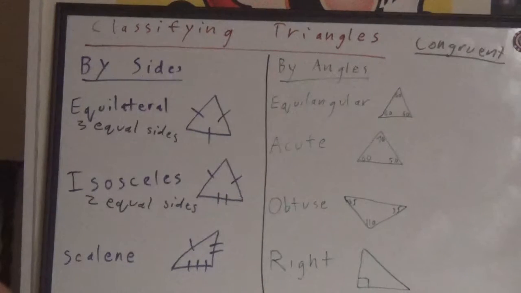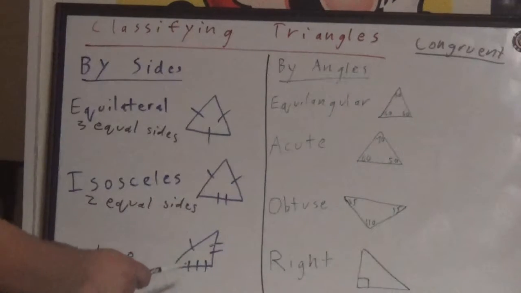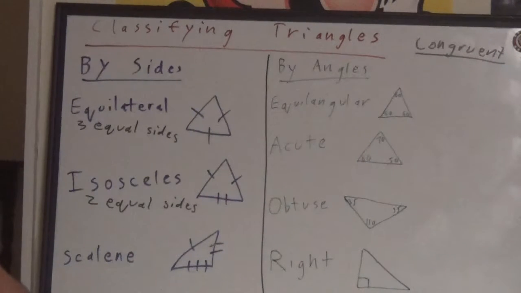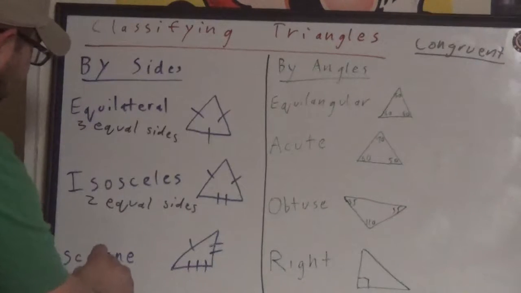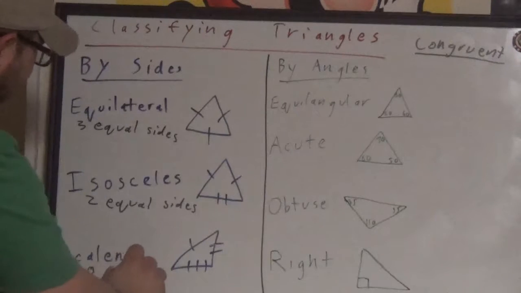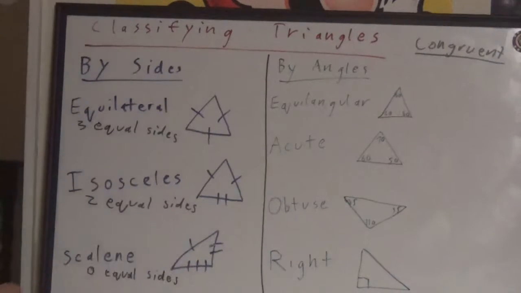And the last one is scalene. Now if you look at the scalene triangle, that one's just a mess. It's got 1 mark, 2 marks, and then 3 marks. They all have different numbers of marks on them, showing that they're different sizes. That is because a scalene triangle has 0 equal sides.